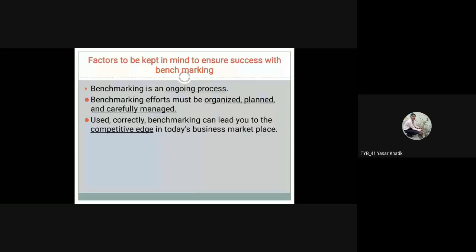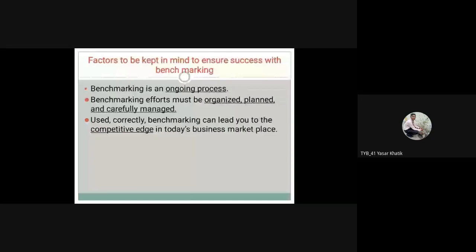So benchmarking efforts must be organized, planned and carefully managed. Benchmarking is not something where you just wake up and say let's do it. It is a systematic method. In the yearly plan we can set a period for the benchmarking. Okay, so once you set the time for the benchmarking, you can go for the benchmarking continuously throughout the year.